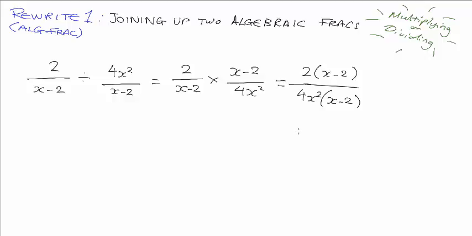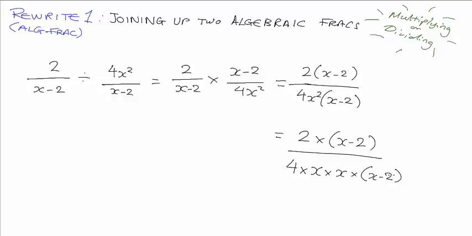Because if you notice something, the top is equal to 2 times x minus 2. Do you see that? The bottom is equal to 4 times x times x minus 2. Now pause this for a second when I tell you to, and think why I'm saying don't multiply it out yet.